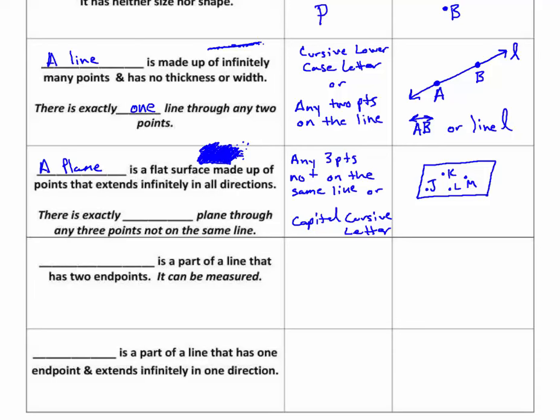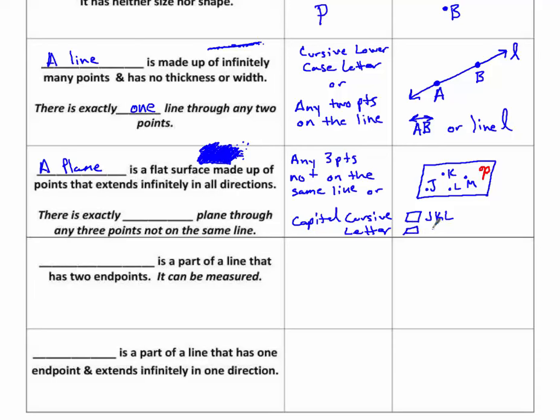Right? And one of the ways that you might see this plane named is with a cursive capital letter up in one of the top corners. So we could say that this is plane JKL.